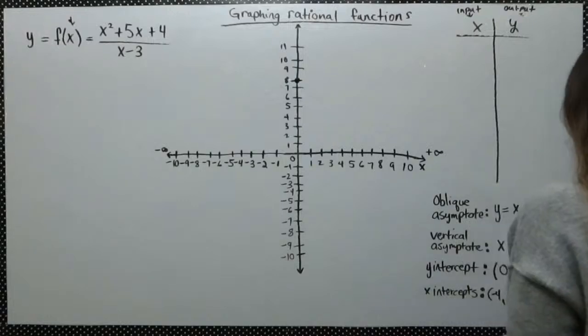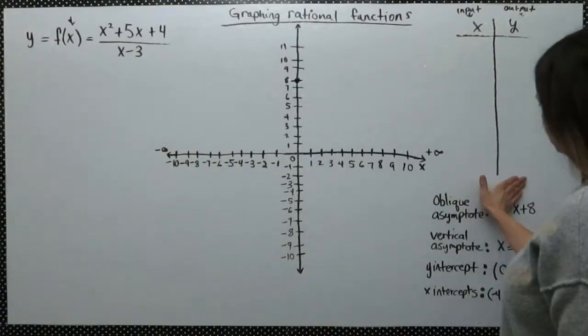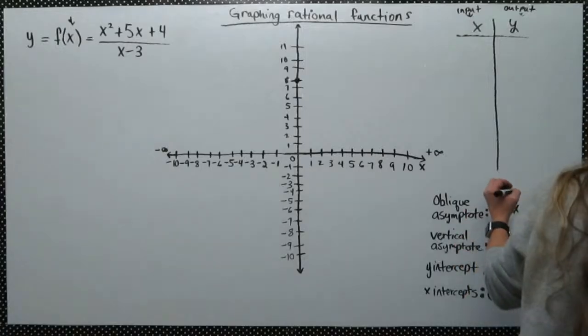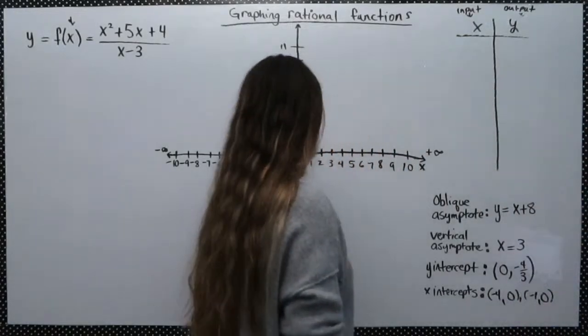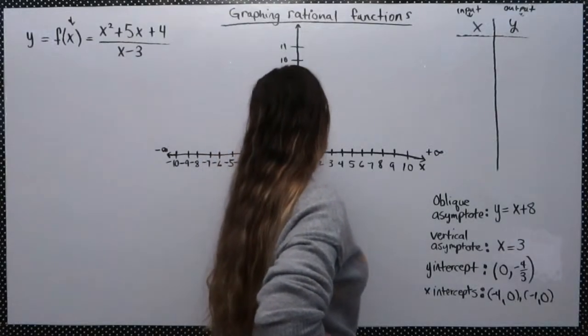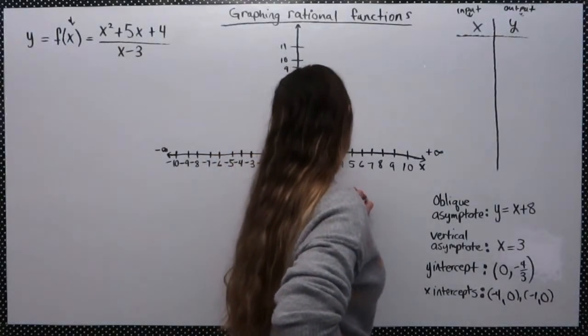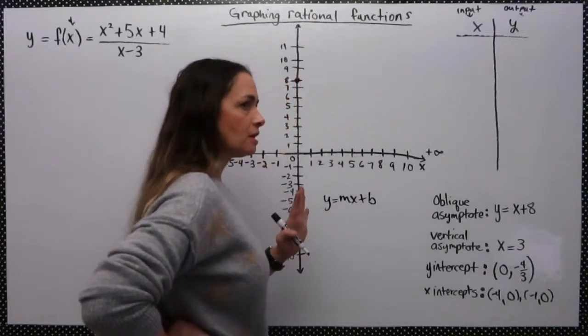Let's see, should I do the caveat and do it? All right, I'll just do it here, and then I'm going to erase it because I don't want it to mess up my graph. You have y equals mx plus b for your form. So in math, we like our forms.